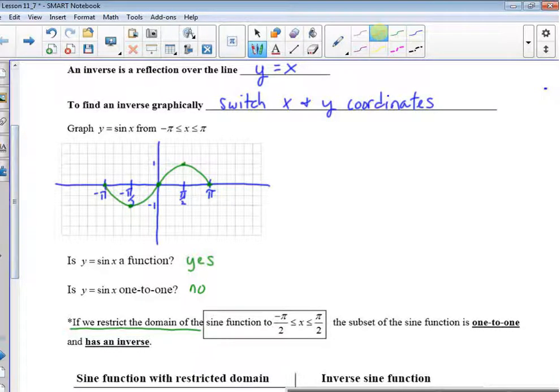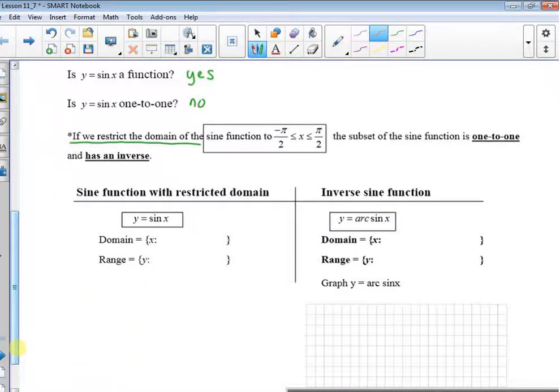So if I look at only this part to here, then you can see that it's a function and it is one-to-one. So, sine function with restricted domain, y equals sine x, the domain is negative 1 less than or equal to x less than or equal to 1.